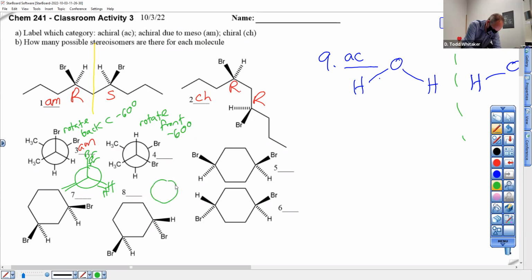So back carbon stayed the same. And then the front carbon negative 60, the bromine's on the bromine. But the H is now in front of a methyl. And the methyl's in front of an H. That's not meso. Methyls and H's are different. H does not match methyl. Methyl does not match H. The thing is chiral.